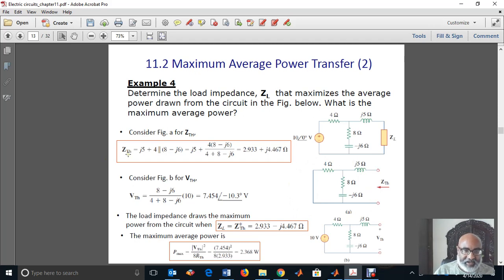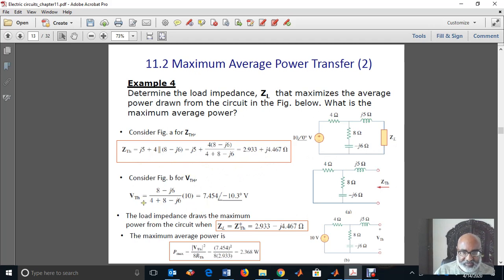So Z Thevenin is j5 plus 4 in parallel with 8 minus j6. For the parallel combination, the equivalent impedance is 4 times 8 minus j6 over 4 plus 8 minus j6. Finally, we will find this one. So this is R Thevenin and this is X Thevenin. So we find Z Thevenin. So Z load should be Z Thevenin conjugate. Of course, this will be minus.